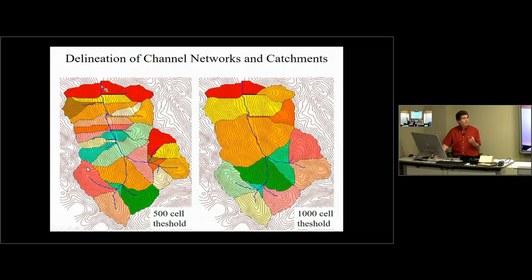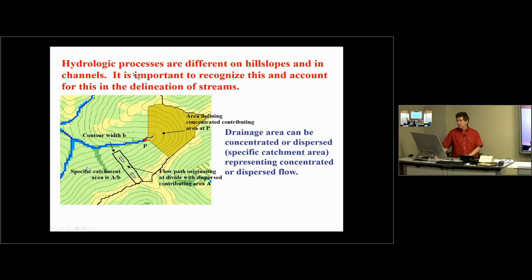Regardless of how good your equations are for overland flow or in-stream flow, you might get different answers just because of your delineation of effectively the geography. So I'm asserting that hydrologic processes are different on hillslopes and in channels. It's important to try and account for this in the delineation of streams.